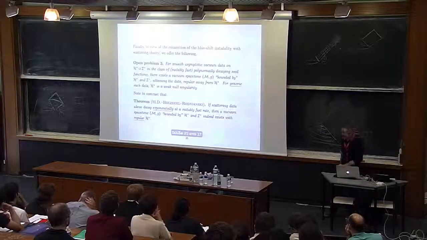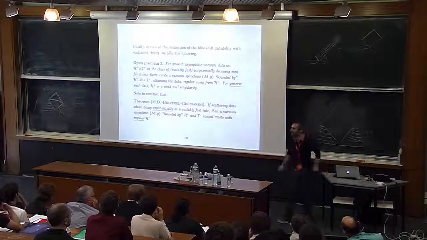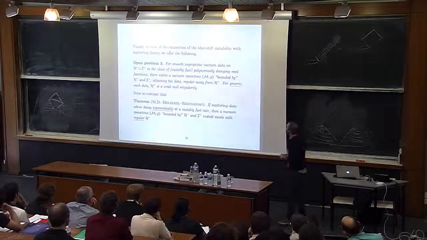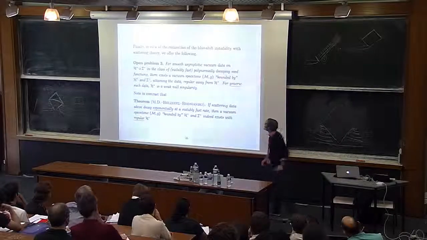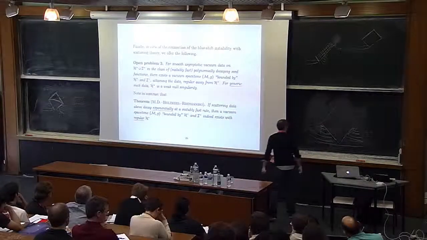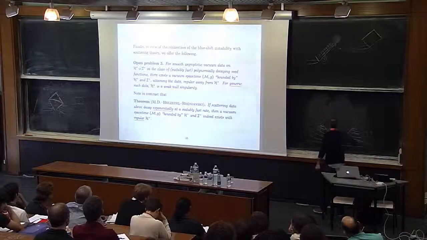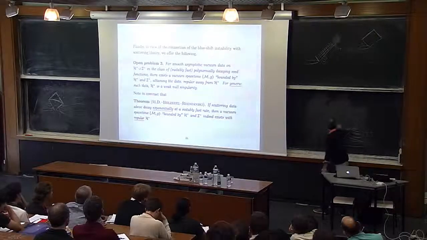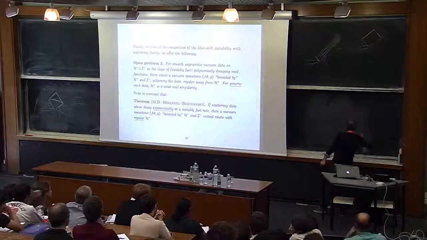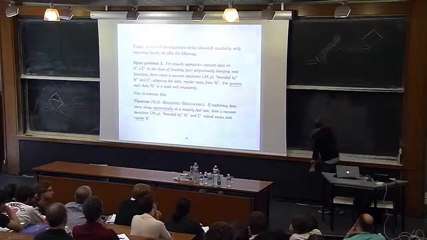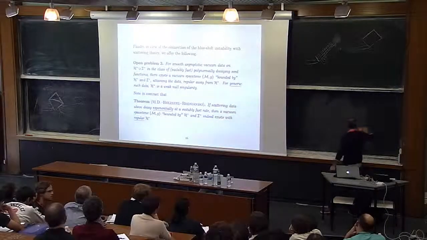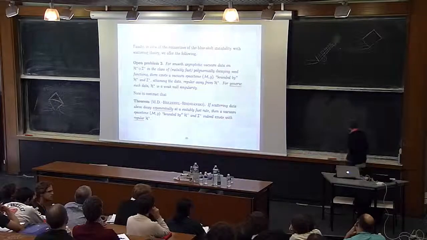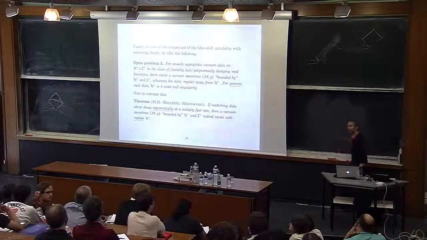So finally, I'll offer you an open problem 3 in view of this connection of the Blueshift instability with scattering theory. The open problem 3 is the following. So suppose I don't solve the forward stability problem.